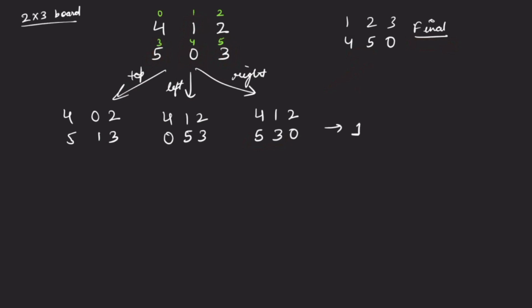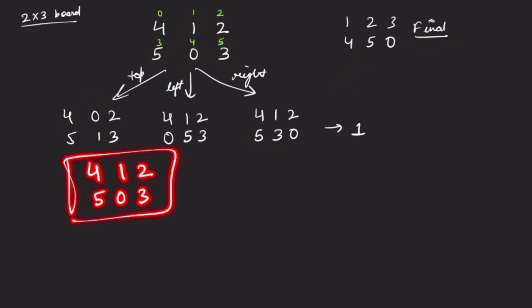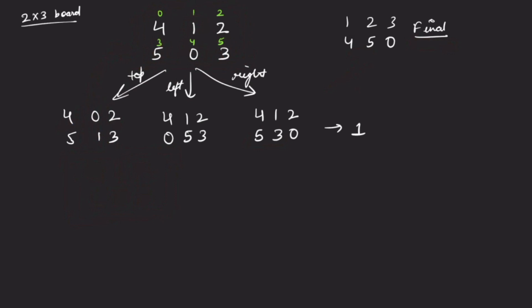Now, this is the first move that you have done. One move you have done. Now, here if you see, this 0 can be swapped with 4, 2 and 1. But if you notice, when you swap this 0 with this 1, what do you get? 4, 1, 2, 5, 0, 3, which is nothing but the initial state. So there is no point in swapping this 0 with this 1 again, because that particular board state we have already considered.